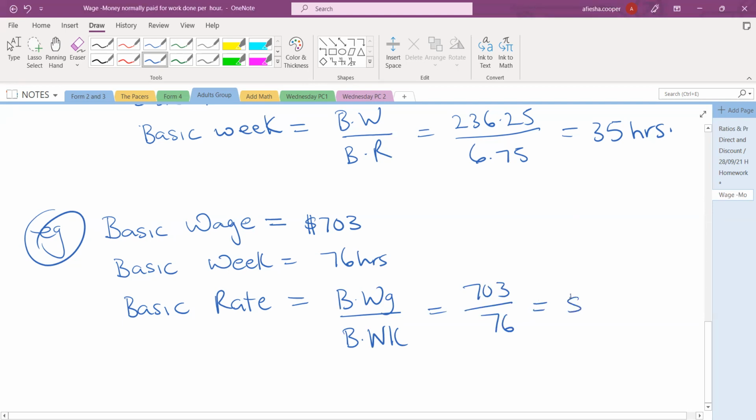And the hourly rate will be $9.25. If you put 9.25 hours, you'll get it wrong, right? Make sure if it's a rate, you put it as dollars. If it's a week, you put it as hours, etc.